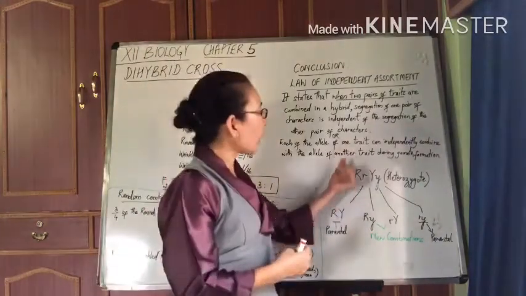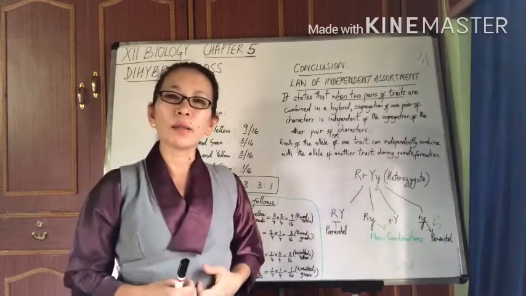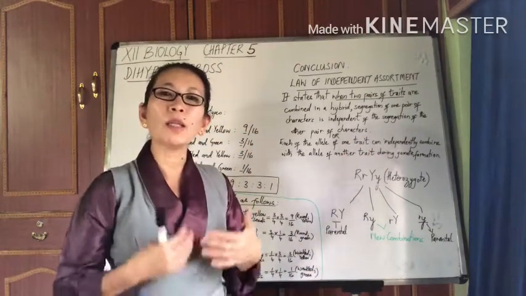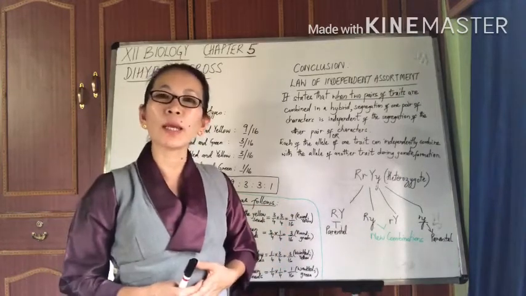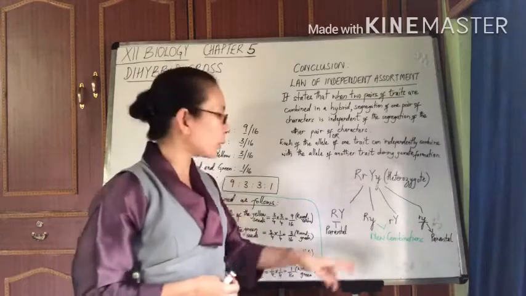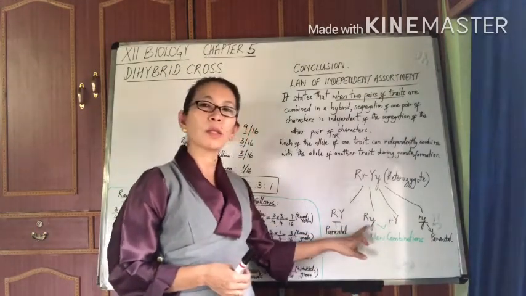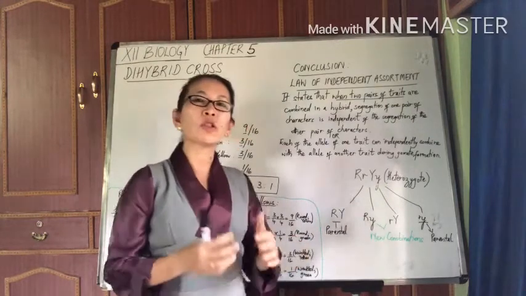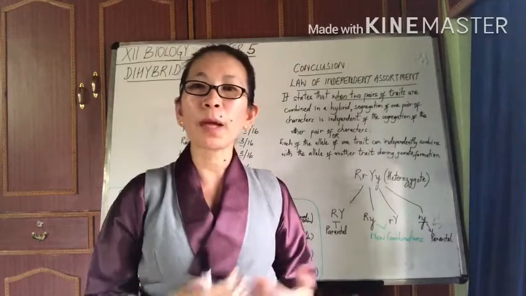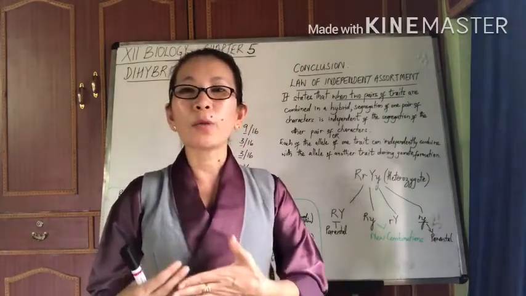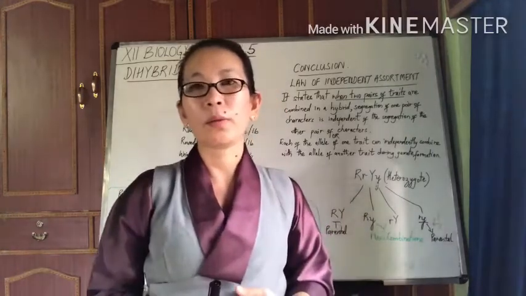But since we have independent combination of the alleles, it can also result in new combinations that are not present in the parental generation. For example, the combination of capital R with small y, which is round with green, does not exist in the parental generation. The parental generation was either round yellow or purely wrinkled green.